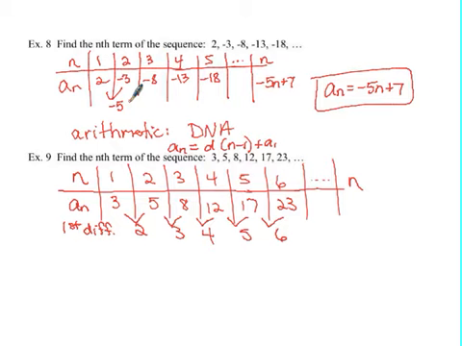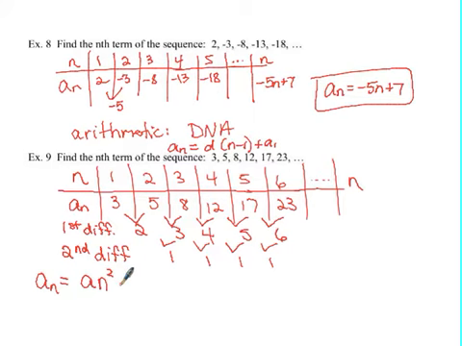Well, what you can do with this same pattern idea is you can take the first differences and take their differences, and if they have a common difference, this is actually quadratic. So a sub n is going to look like a n squared plus bn plus c.